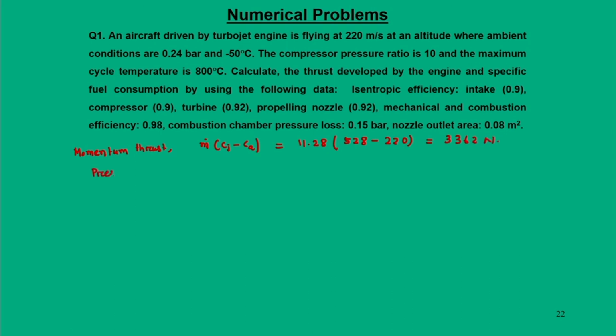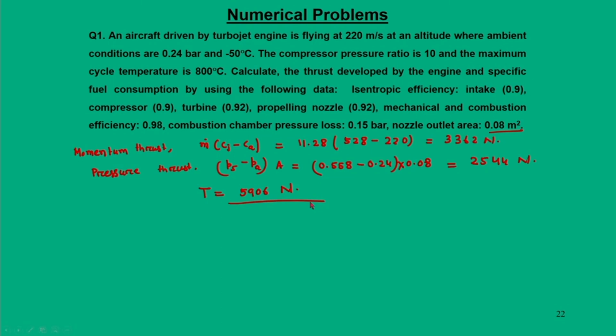Pressure thrust is nothing but P5 minus Pa into A, and we know P5 is 0.558 minus 0.24 into area already given 0.08. So this is 2544 Newton. So total thrust now becomes the addition of these two, it is 5906 Newton.